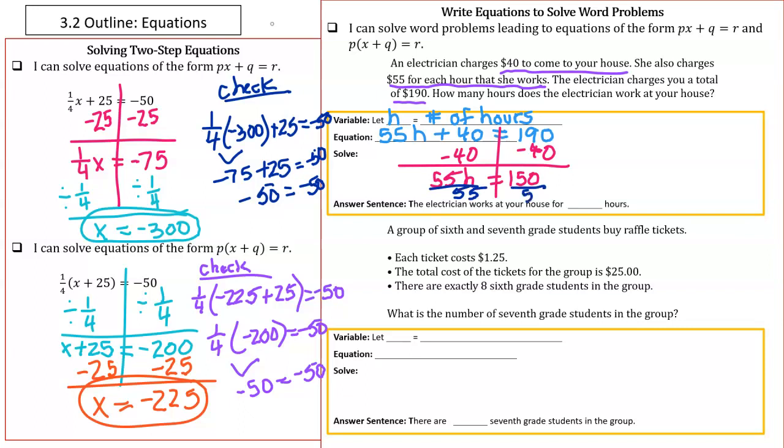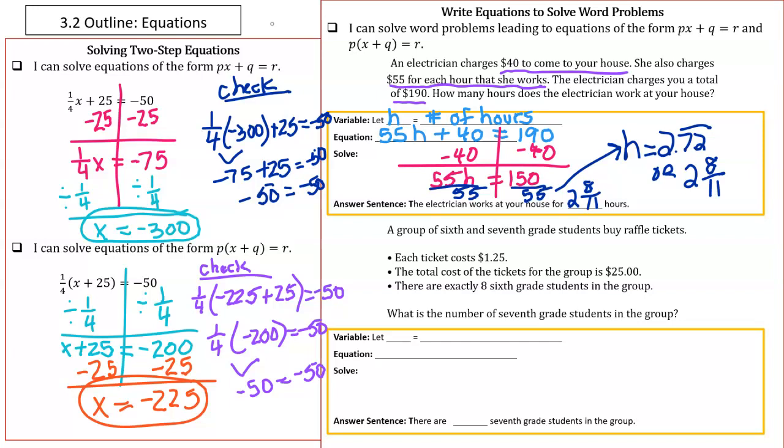When I do that, I get an answer of h equals 2.72 repeating, or if you use your calculator and put that into a fraction, you get 2 8/11 hours. So my answer here is going to say 2 8/11.